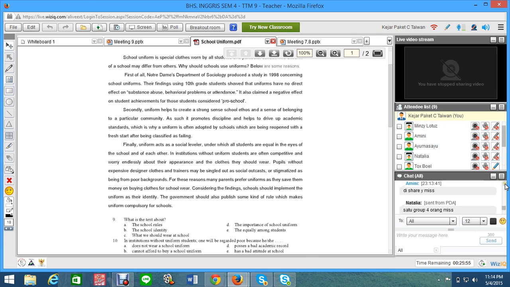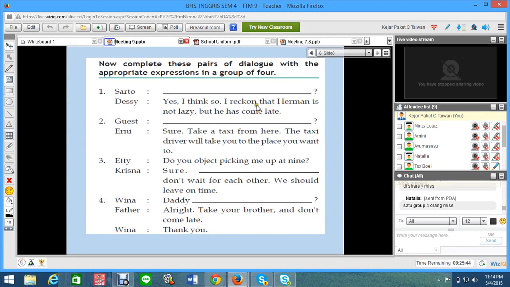Okay, satu grup itu 4 orang. Singkat kok tugasnya, don't worry about that. Hanya ini saja tugasnya. Jadi ini tugas groupingnya ya. Okay, ini tugas grup.